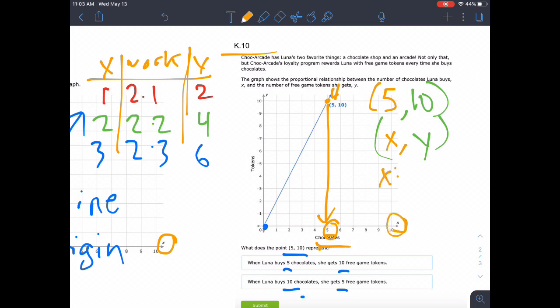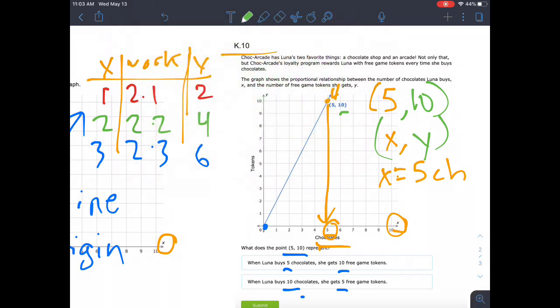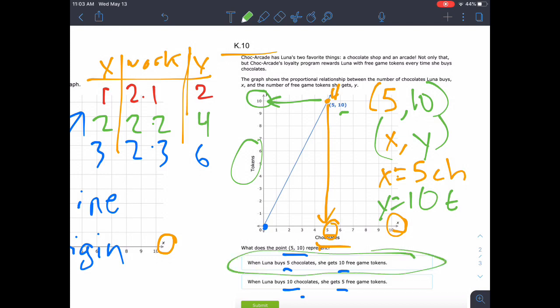So x is 5 chocolates. And then I see where the y value landed, and it tells me it's 10, but I can also look over and see that it's 10. So y is 10 tokens. Which answer says 5 chocolates and 10 tokens? The first one. So that's the one I'll click.